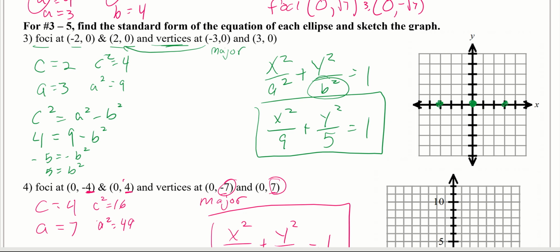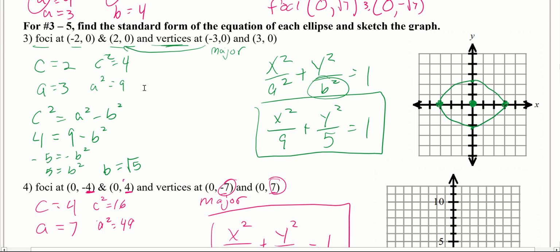And then if I am actually graphing it, I do want my b value, so that would be square root of 5. Square root of 5 is just over 2. I'm asking for a sketch, so it doesn't have to be ridiculously accurate, but pretty close.